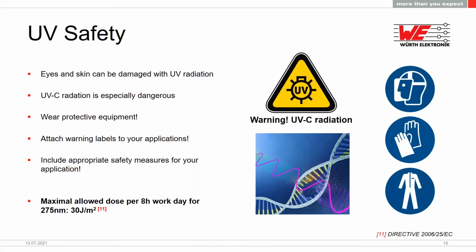So actually this maximum allowed dose is even lower than this dose to kill coronaviruses. So even if you are disinfecting a surface, for example, once, you can already exceed this maximum allowed dose per workday.